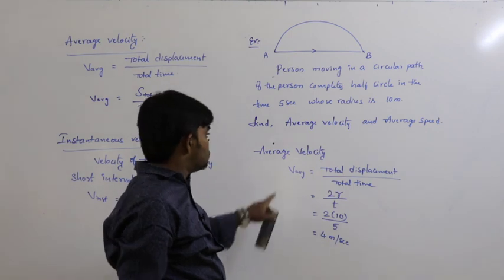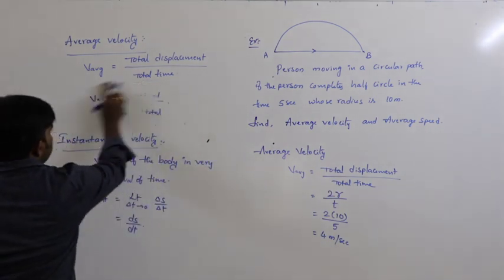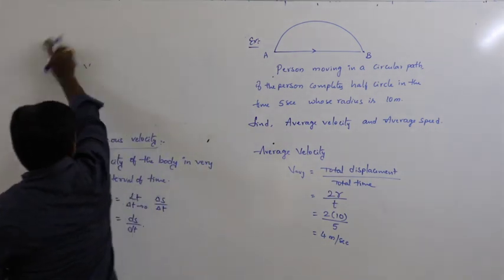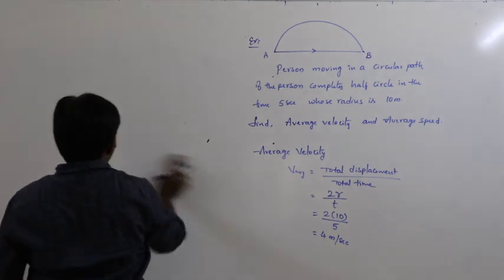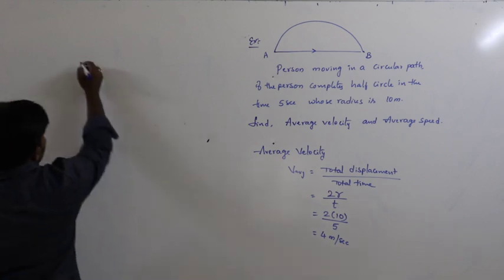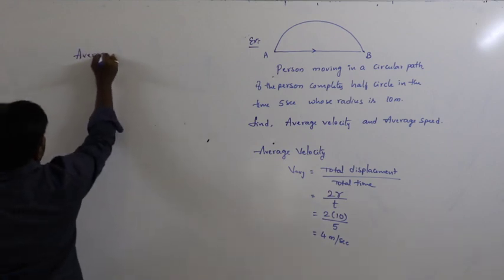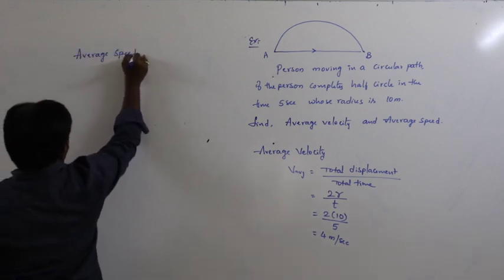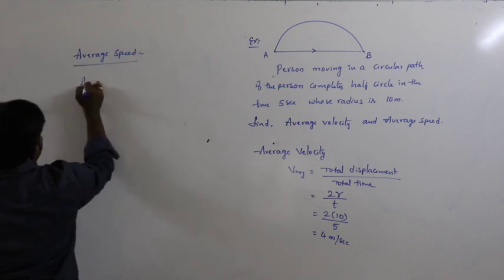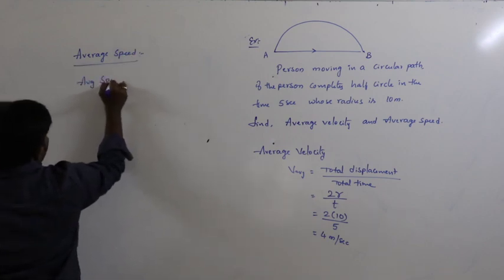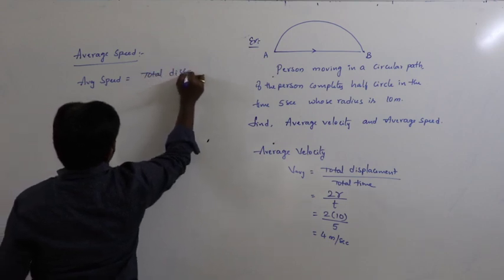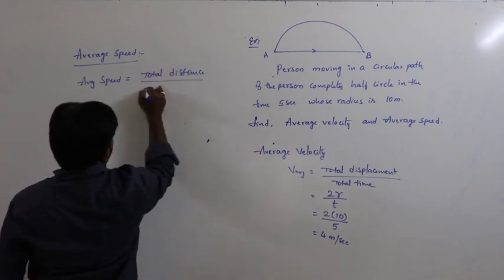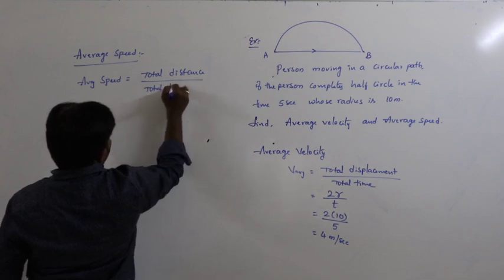That is the average velocity. Then how can we calculate average speed? See here, average speed is total distance by total time.